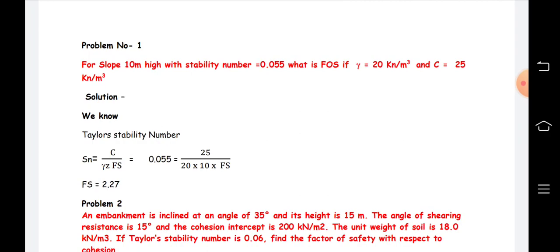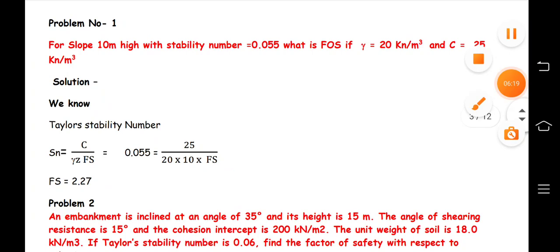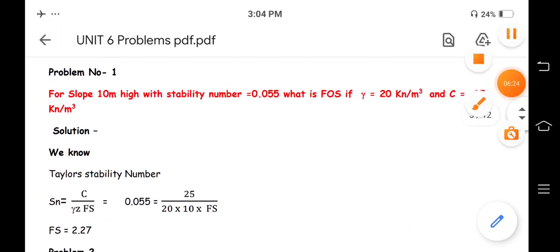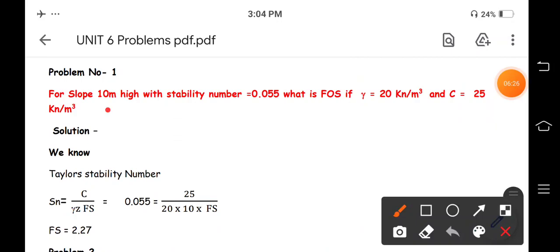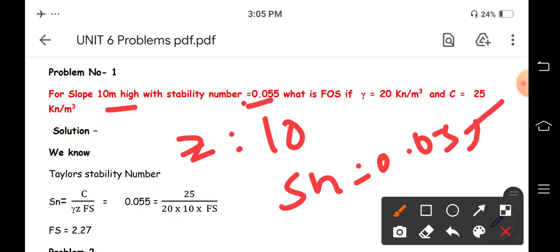First of all, write down the given data and what is required. Height of slope Z is 10, Taylor stability number Sn is 0.055, gamma is 20 and C is 25, and what is required? The factor of safety.